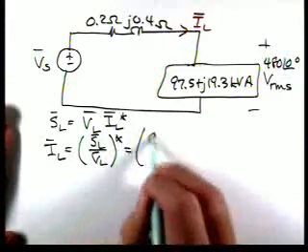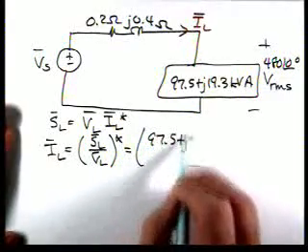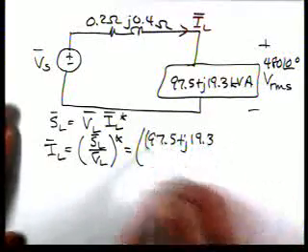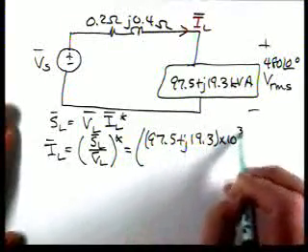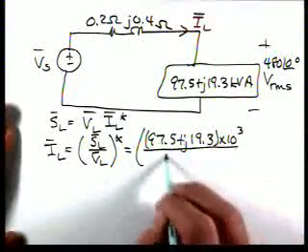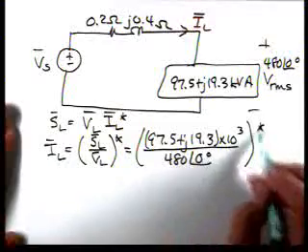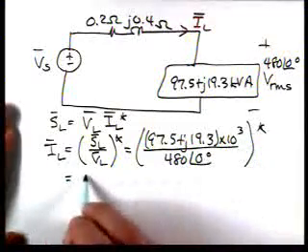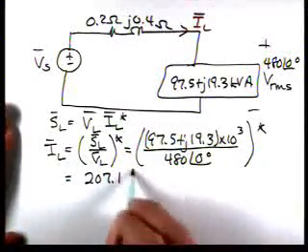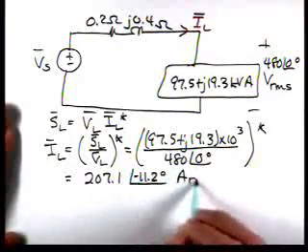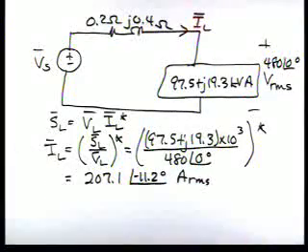So we have 97.5 plus j 19.3, and we need to remember that's all times 10 to the third, over 480 at an angle of 0. Conjugate, and that's 207.1 at an angle of minus 11.2 degrees amps RMS. So that gets us the current IL.